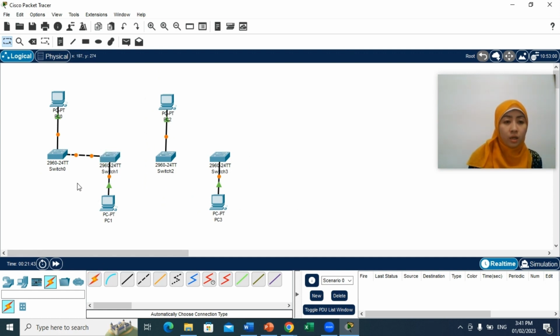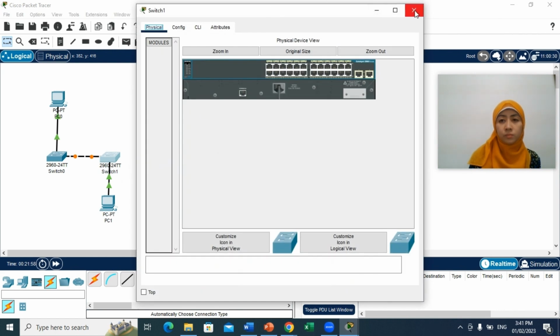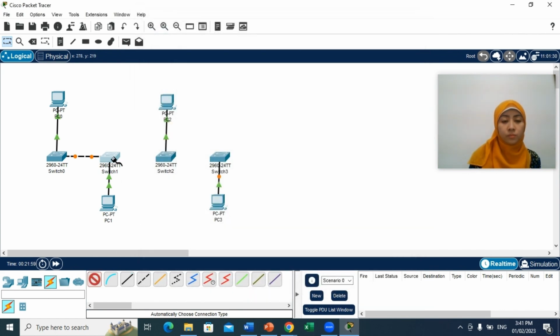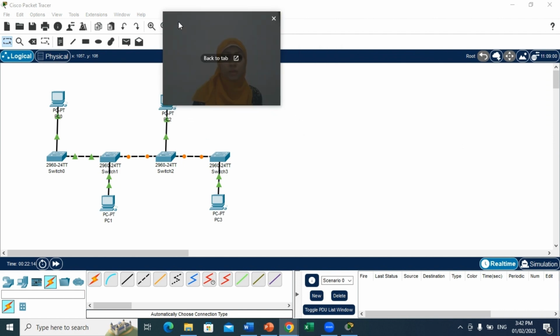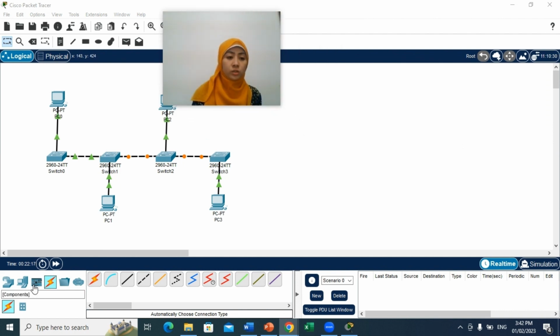As you can see, when you connect a switch to a switch, the cable or medium that we will use is this one, which is the copper crossover. Okay, so there you go. We have our bus topology already. Next, we will do the ring topology.